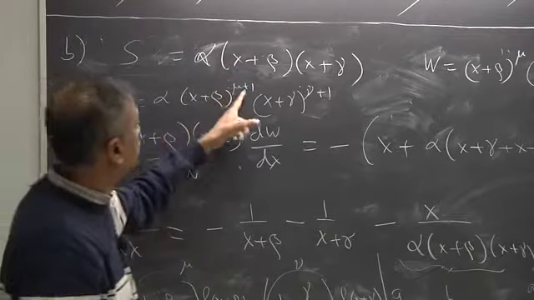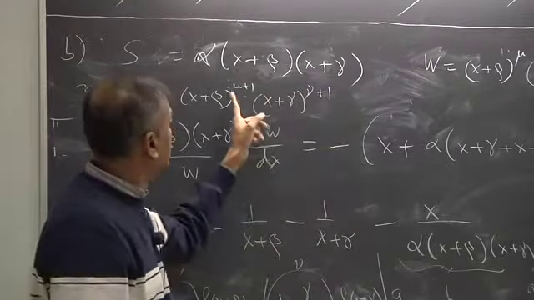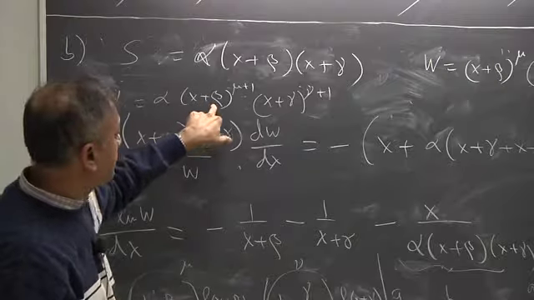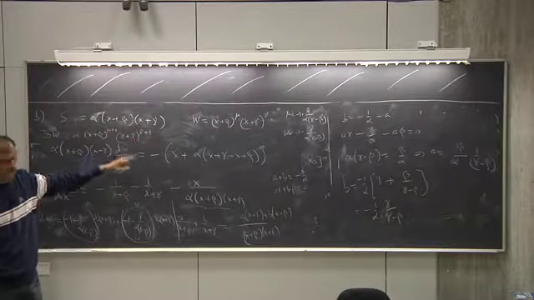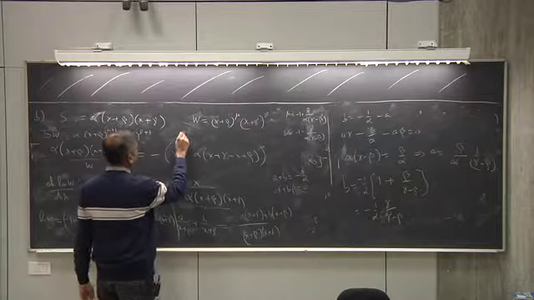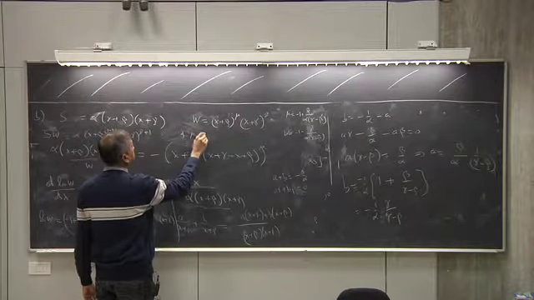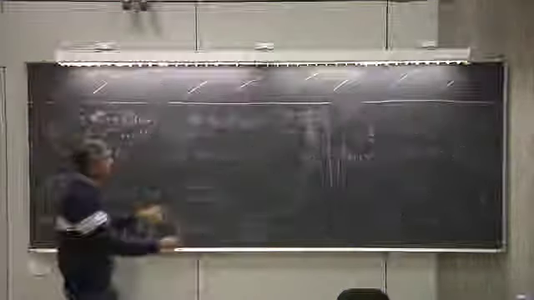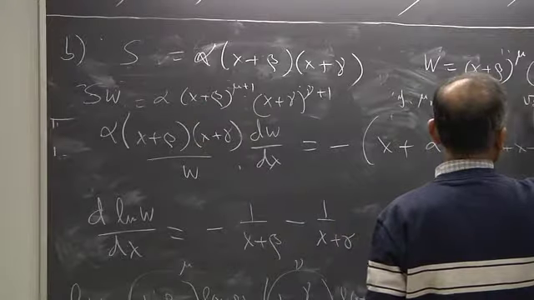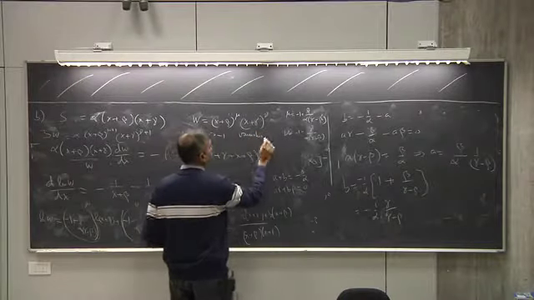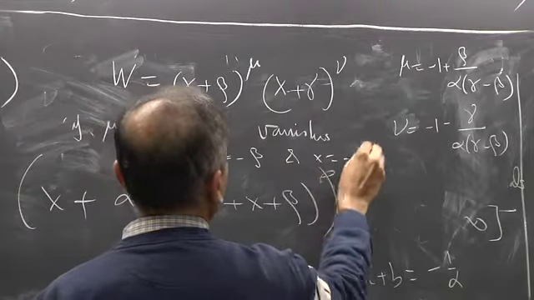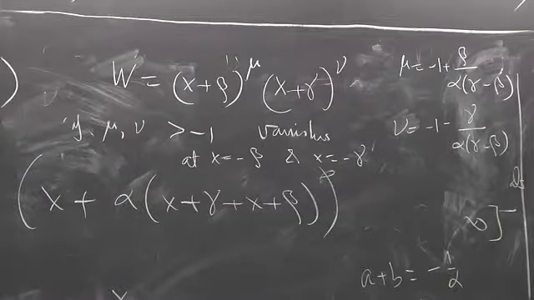That will happen if mu and nu are greater than minus 1, so that mu plus 1 and nu plus 1 are greater than 0. Then this vanishes at x equal to minus beta and x equal to minus gamma. So this will be my interval, minus beta to minus gamma.